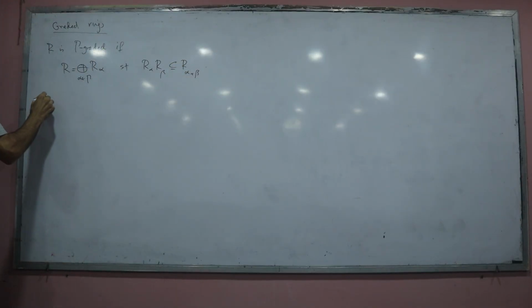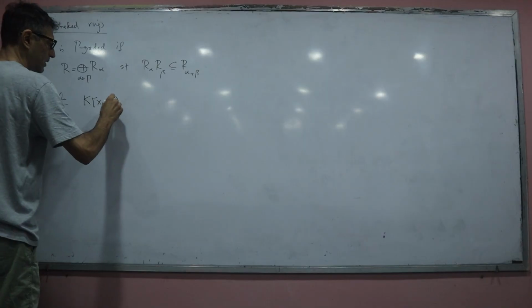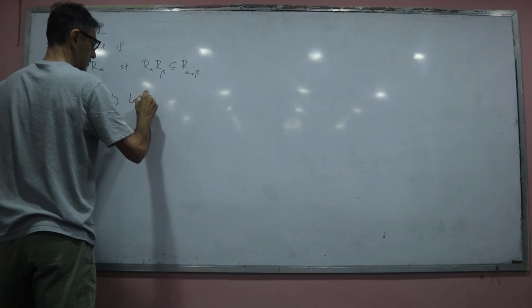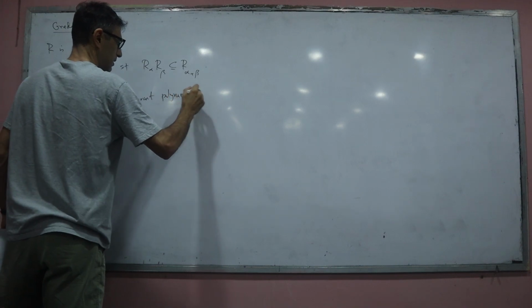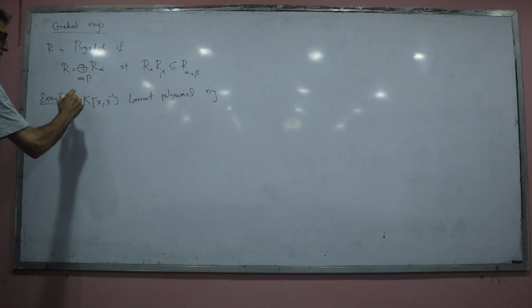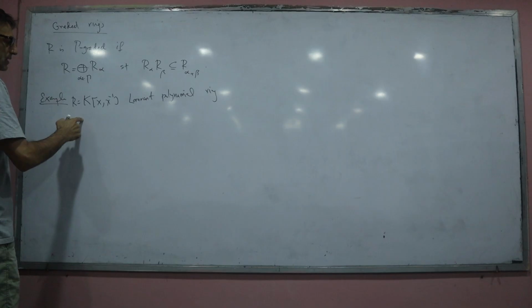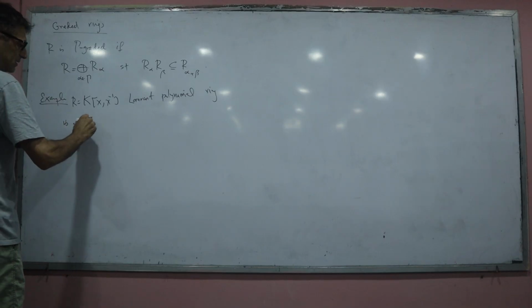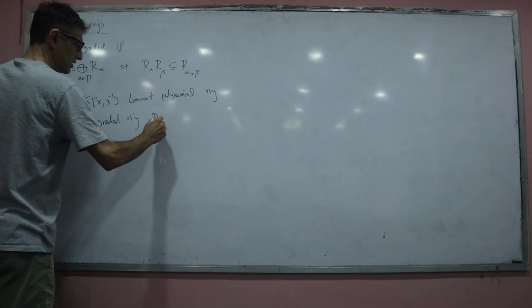And an example, this is a Laurent polynomial ring. So this is a graded ring, and I have to give you the grading here. This is a Z-graded ring, and these are the components.